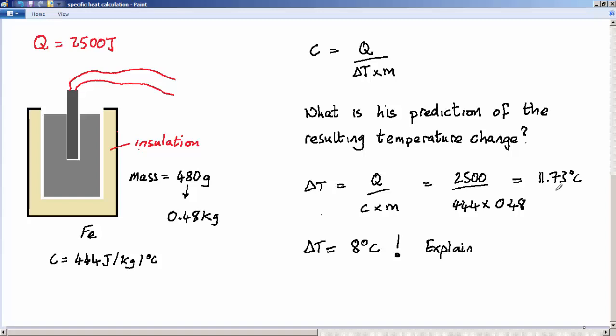Now, what is almost certain in this type of problem, especially where you've got an immersion heater, is that you probably won't be told specifically, as I have done, the amount of heat that's applied to the block, but you'll probably be asked to calculate it through your knowledge of power transfer and electric circuits.